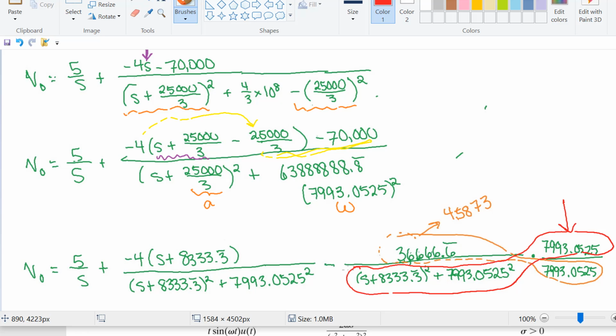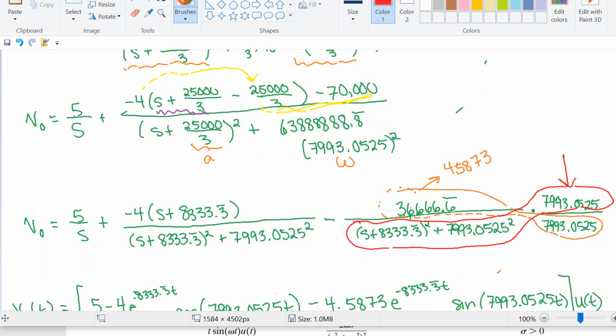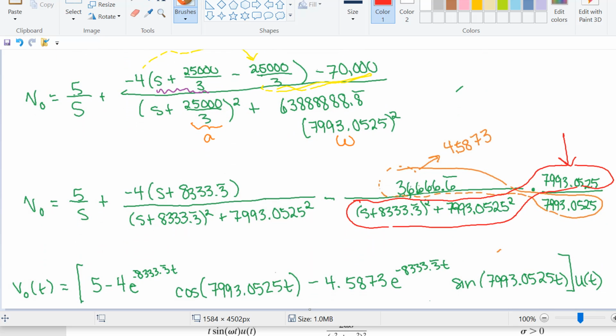Okay, and so then when we take the inverse Laplace transform of that, so this V naught here was in the s domain, or I think she said frequency domain. Now, I didn't show the step, but I'm taking the inverse Laplace transform of both sides of the second to the last line to get us back into the time domain.